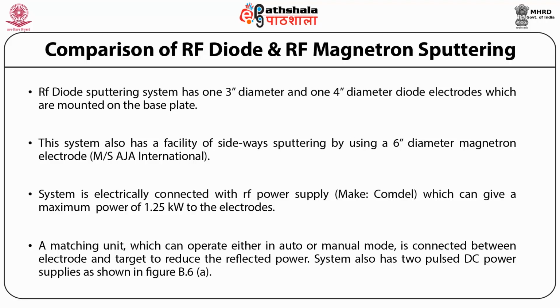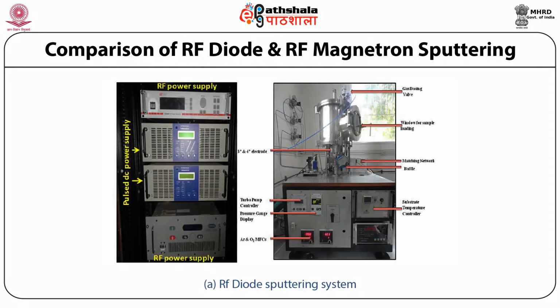the reflected power. The system also has two pulsed DC power supplies, as shown in figure A given on the next slide. The given figure shows the RF diode sputtering system in which we can clearly see the two RF power supplies and the two pulsed DC power supplies.